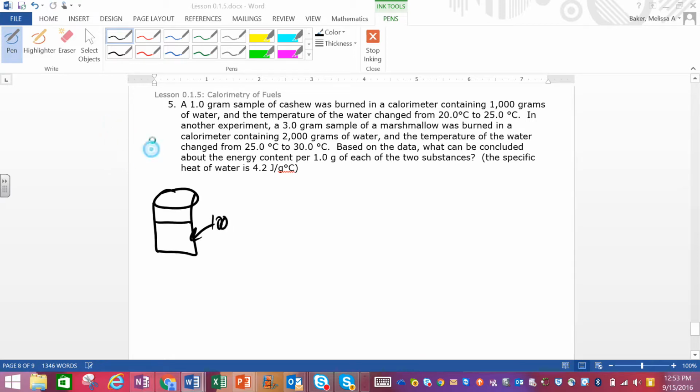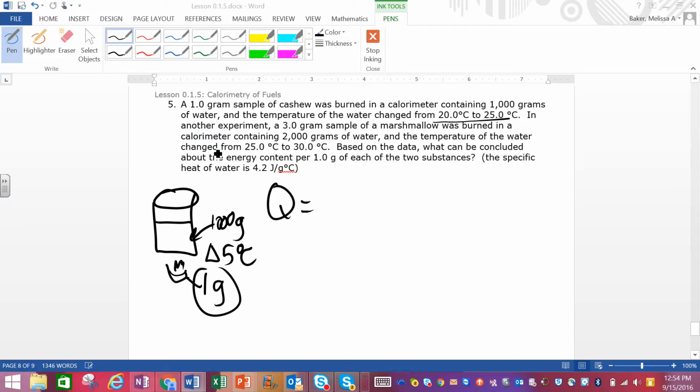Okay, so there's 1,000 grams of water. Here's my little cashew on fire underneath. The temperature change went up 5 degrees Celsius because it says it went from 20 to 25. So let's figure out how much energy per gram. It was 1 gram of cashew that burned. Let's see how much energy is in a cashew.